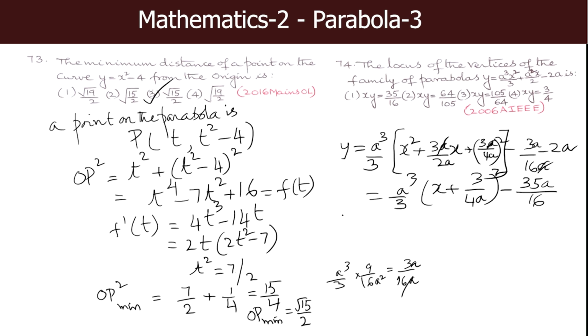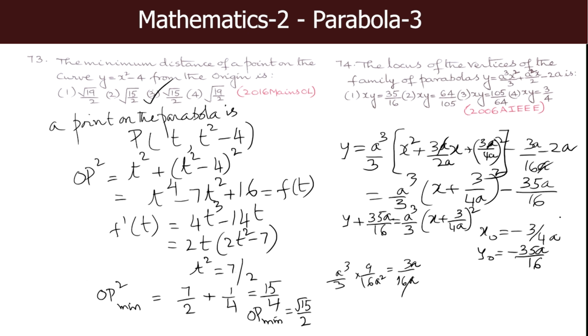Or y plus 35a by 16 is equal to a cube by 3 into x plus 3 by 4a whole square. So what is the vertex of the parabola? If the vertex of the parabola is x0, y0, x0 is minus 3 by 4a and y0 is minus 35a by 16.